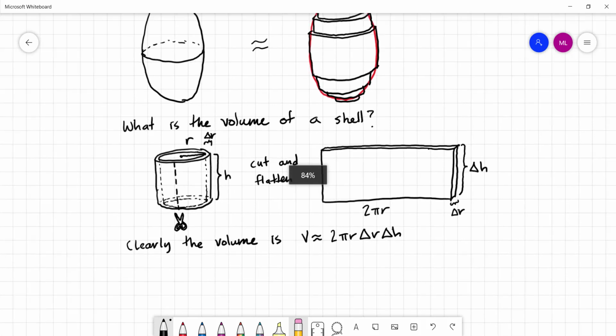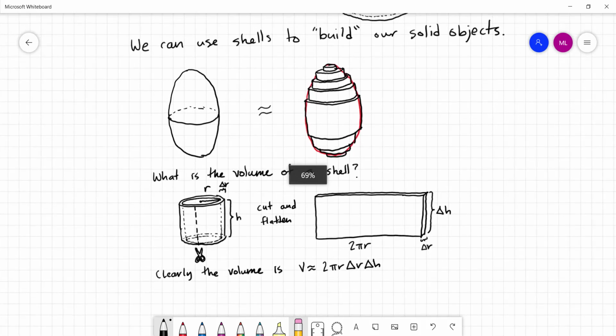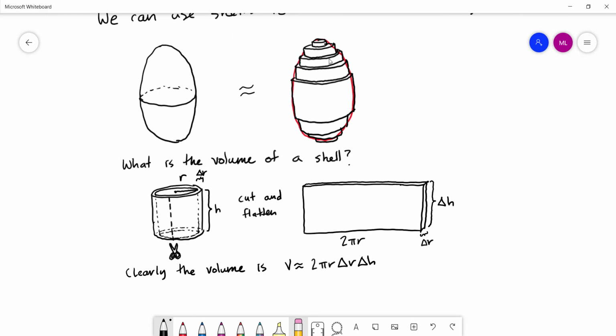If you look back at the picture of our croissant, egg, whatever you want to call it, both the radius of each shell and the height of each shell depends on the position. So basically what I'm suggesting is both this R and this delta H are going to depend on which particular shell we're looking at. This delta R we're going to keep the same. We're going to build our shape with consistent thickness for each shell, but these other two dimensions can change.